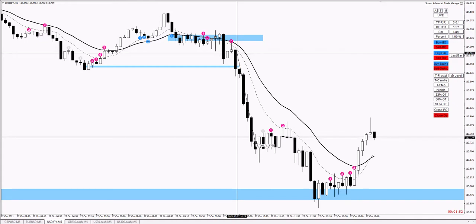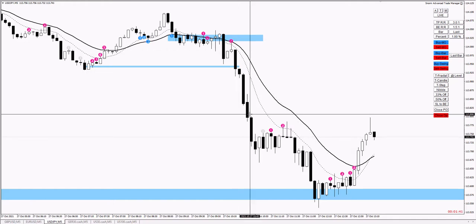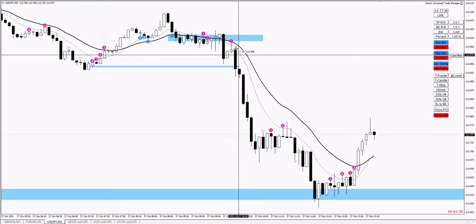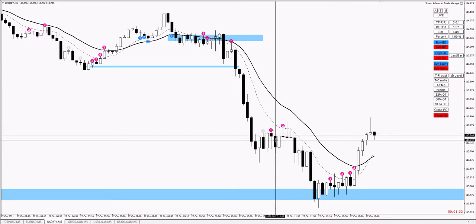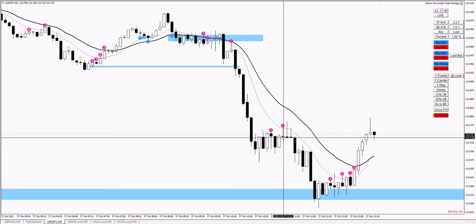And if you followed the 10 EMA, then that's 1:7, because that's 35. But let's suppose you didn't take that, or if you take it here and you trail the candles, you still have 1:4 at least.